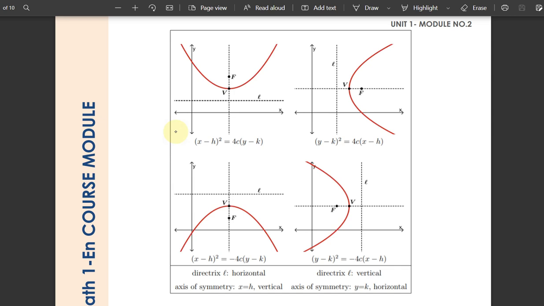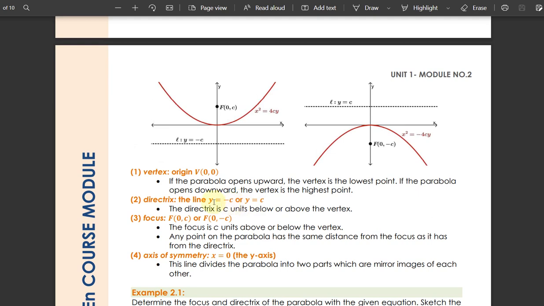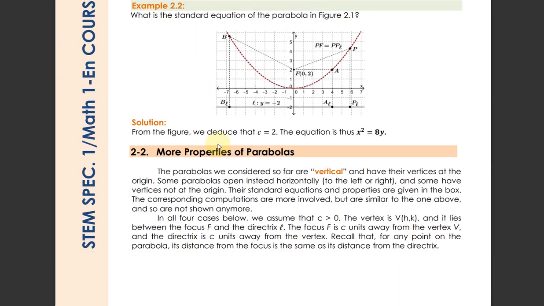And c here is the distance from your vertex to your line, or your directrix. So this distance is your c.